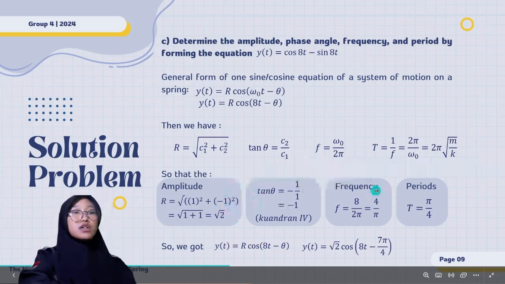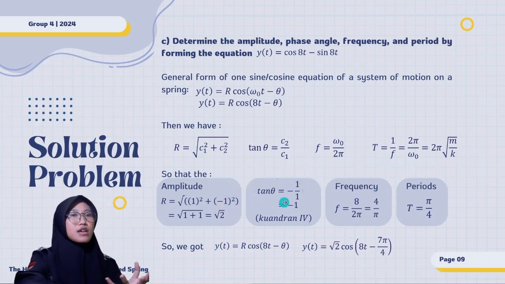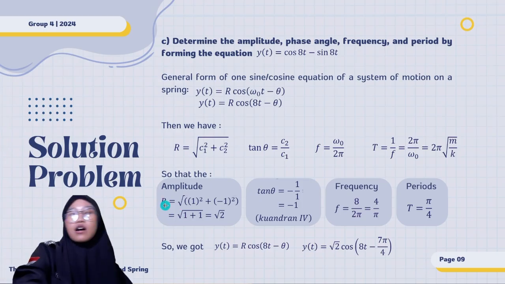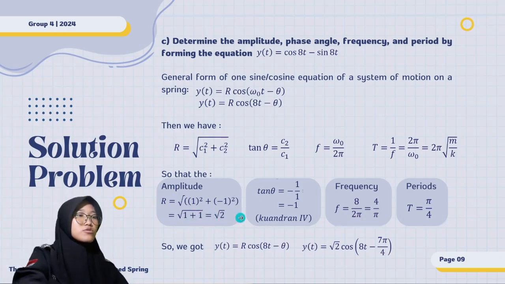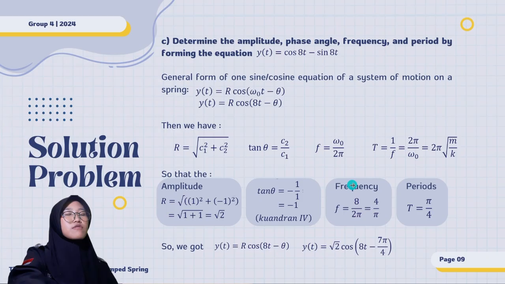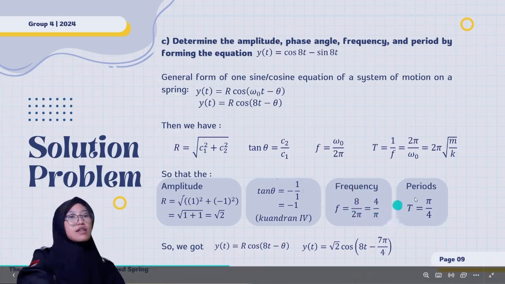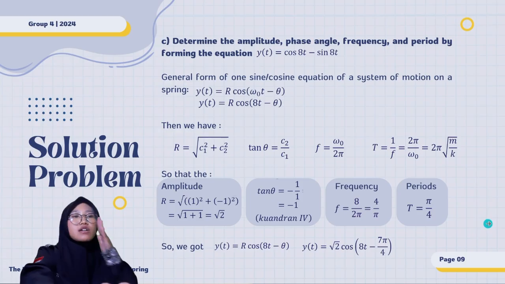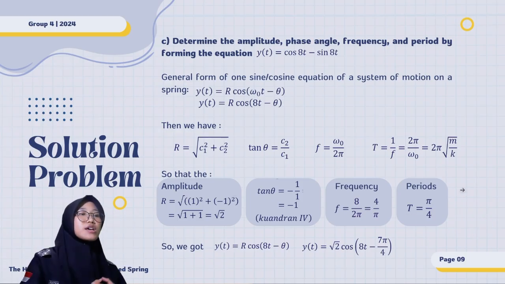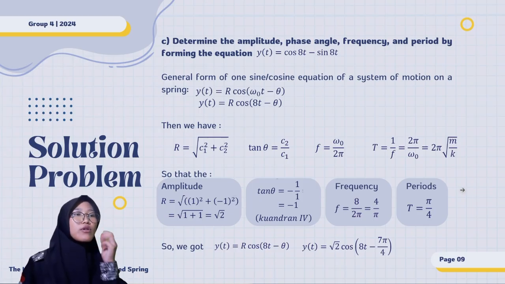We just substitute all the information we have got. Here r is equal to the square root of 1 plus 1, which equals the square root of 2. For tan theta we have -1 in quadrant 4, so the frequency is 4 over pi, and the period is T equals pi over 4. So r is the square root of 2 and theta is equal to 7pi over 4.